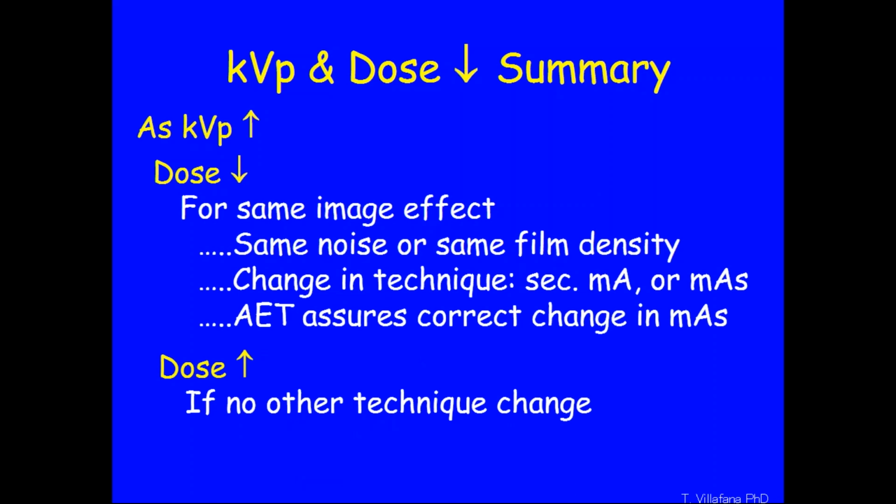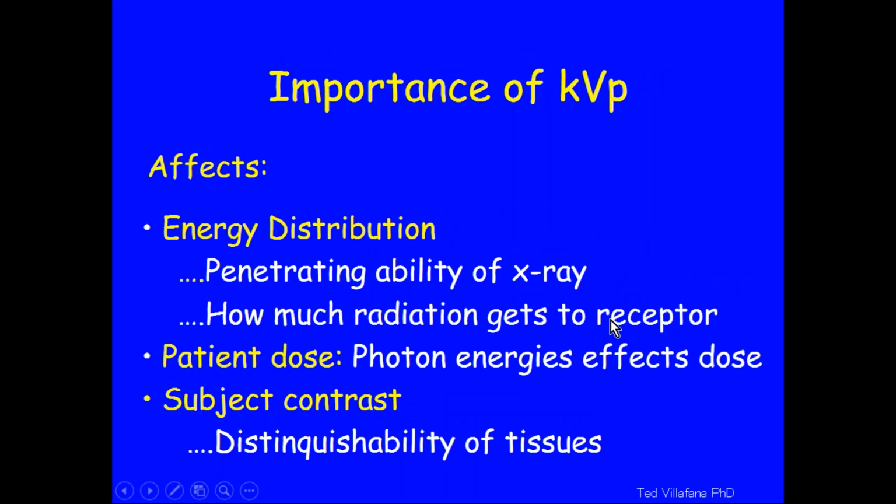Okay. However, the dose will go up if you have no other technique change. Okay, no other technique change. But typically, you always have AET or phototimers functioning. So typically, the dose will always go down, because your AET will assure that you always get the correct change to give you the correct image at a lower dose.